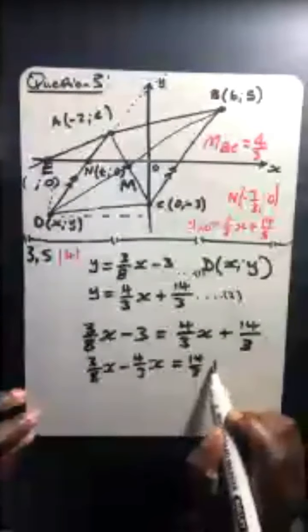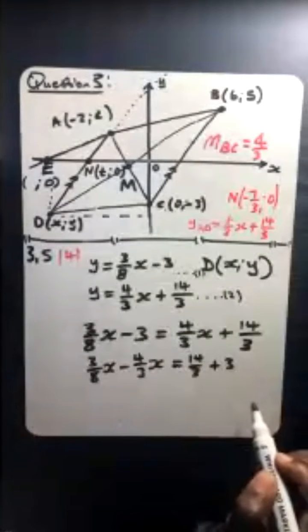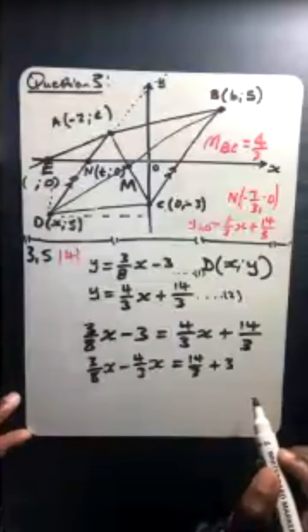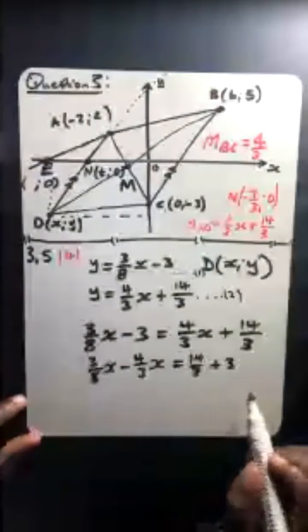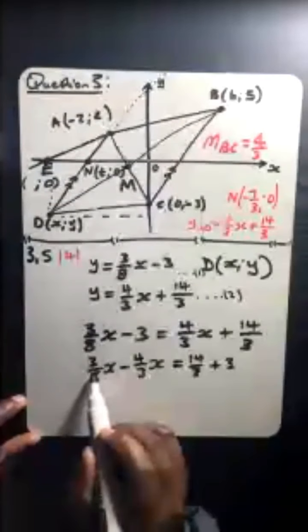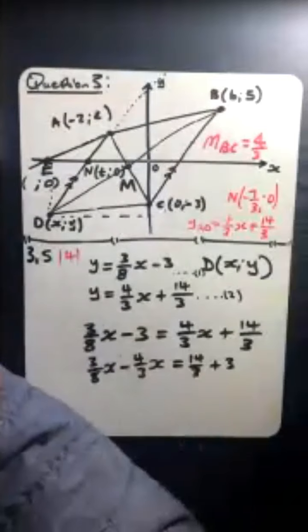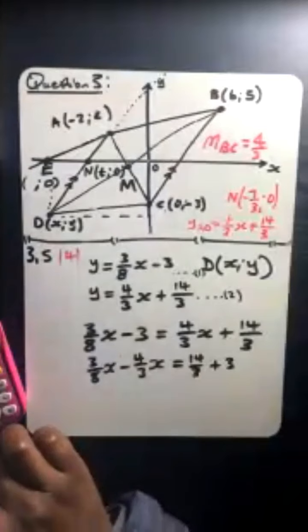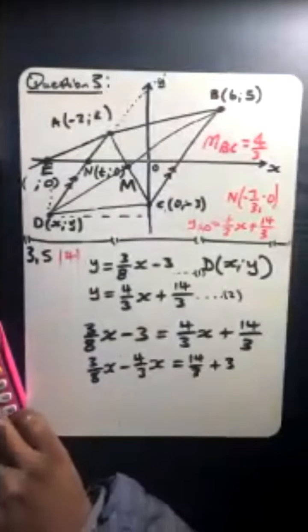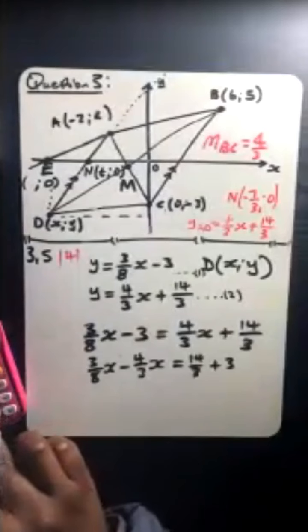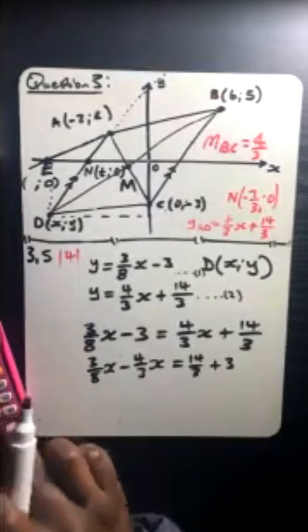Letters on one side, numbers on the other. What is all of this? You have 3/4 bananas minus 4/3 bananas.